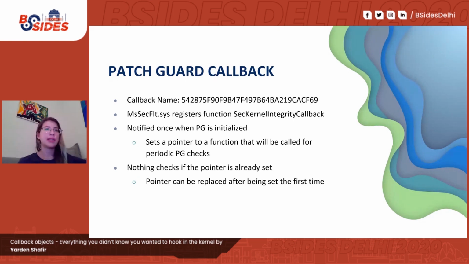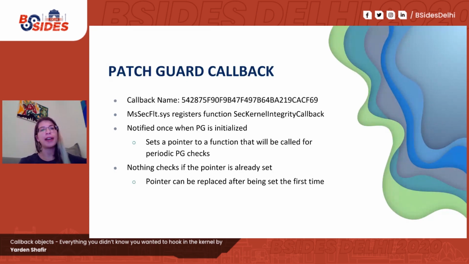But looking at the way it's implemented, the function in mssecflt initializes its own global with the pointer that it received, but never checks if the global is already initialized. Which means if you notify this callback again, you can replace the pointer. You would expect it to bug check because, hey, the pointer is already initialized, who's trying to change it and why, but it doesn't.